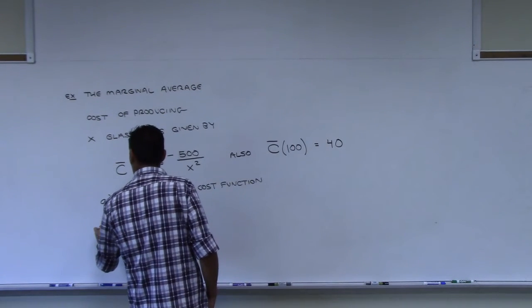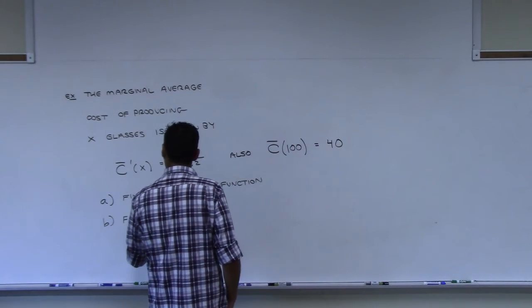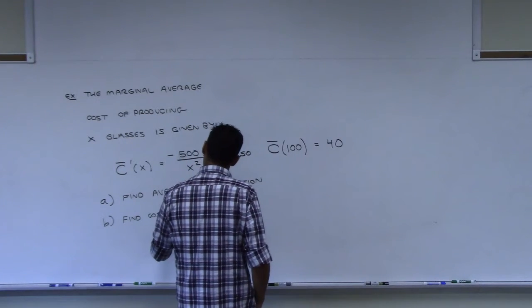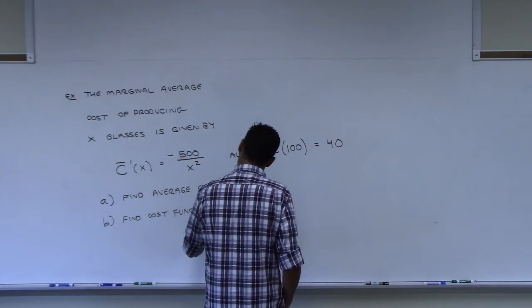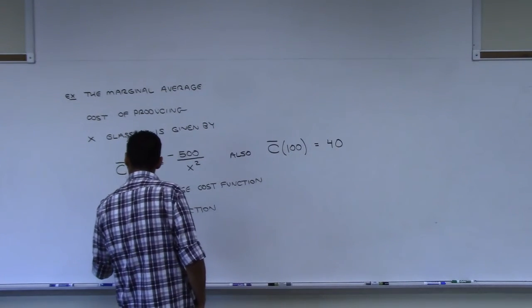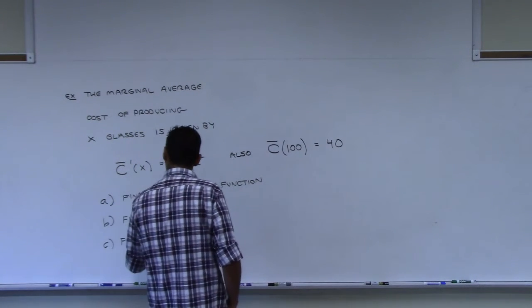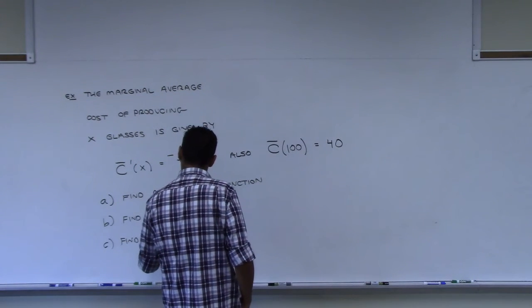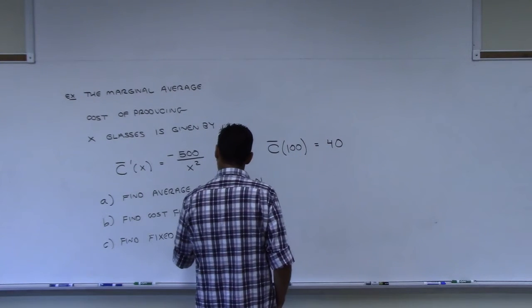Part B, find the cost function. And part C, find the fixed costs. All right.